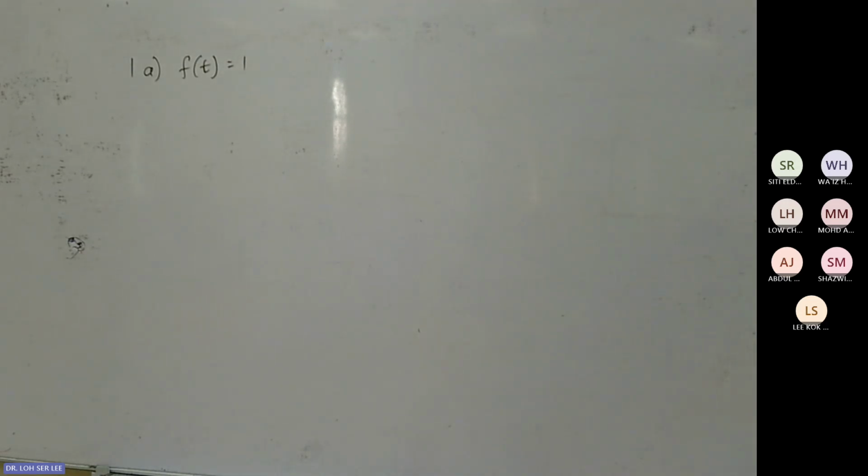The question is: find the Laplace transform of the following functions by definition. By definition, meaning that you have to use the formula just now. You need to integrate.